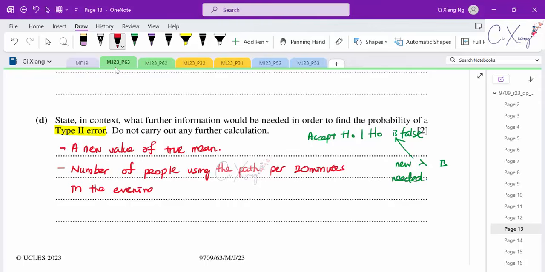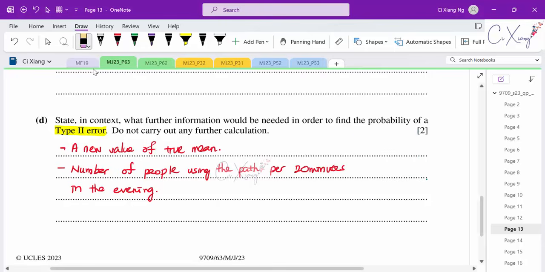So that the calculation for type 2 error will be easier if we have this value. Alright, so basically these are the two extra pieces of information needed if we want to calculate the probability for type 2 error. Okay, alright, so this is the end of the paper here, for this paper 6.3. Thank you very much for watching this video.